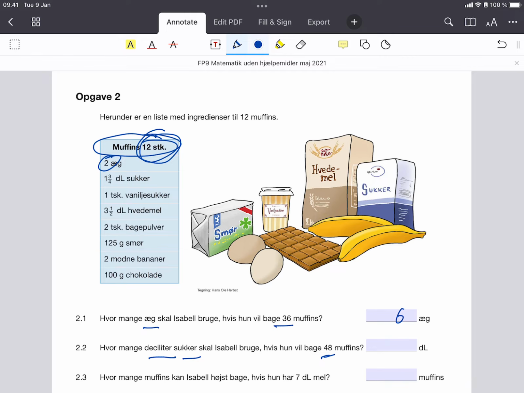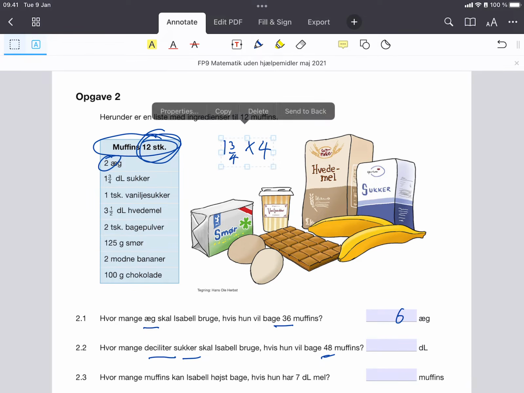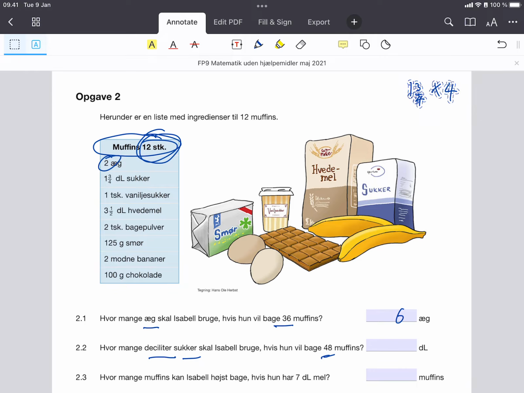So we've got 1 3/4 times 4. So let's just remind ourselves how multiplying fractions works. Let's just take that over there. So the way I like to do these, make the fraction top heavy.